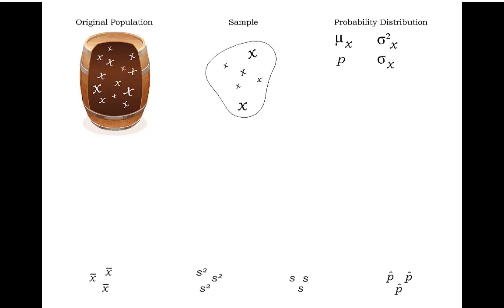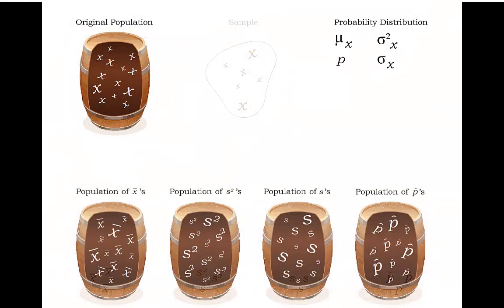So really, hidden behind the scenes, we have this hidden population of x bars. We have a population of sample variances, a population of sample standard deviations, and a population of sample proportions. That's a lot of populations hidden behind that original one population.